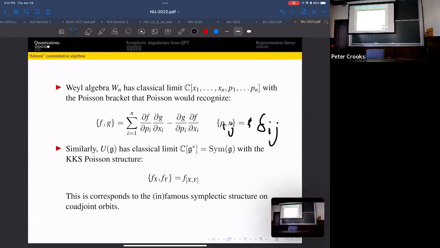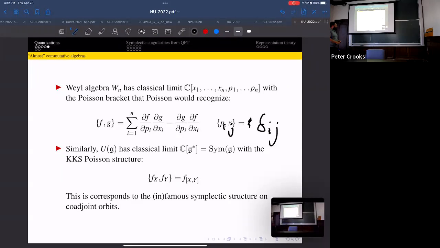And that inherits a Poisson structure called the Kostant-Kirillov-Souriau, where I think of elements of g as linear functions on the dual, and I say the Poisson bracket of those linear functions is the Lie bracket thought of as a linear function. This is one of these things so simple, it's hard to write the notation because it starts looking tautological. It's tempting to write bracket of x and y is bracket of x and y for the two different kinds of brackets, but that's very confusing.